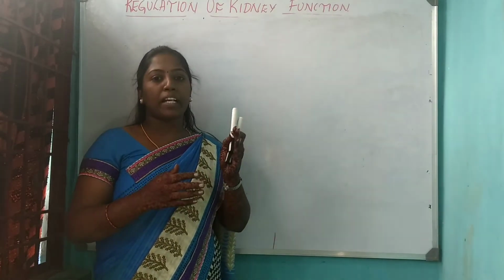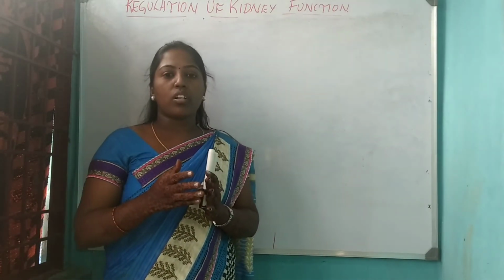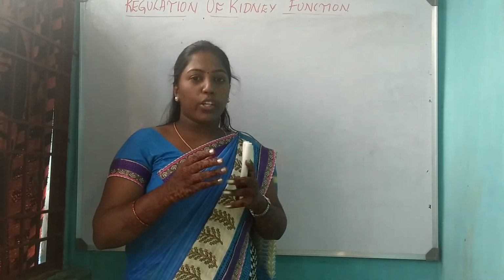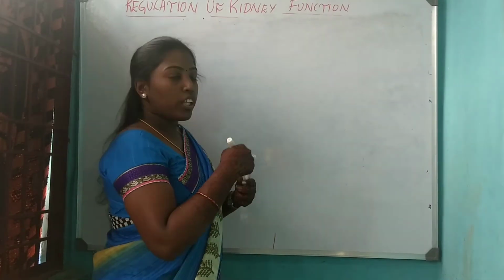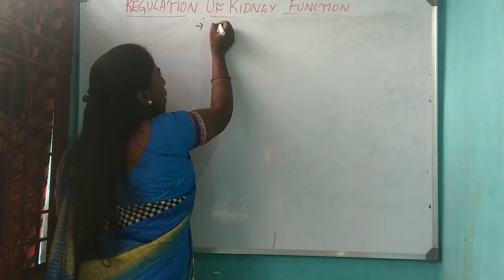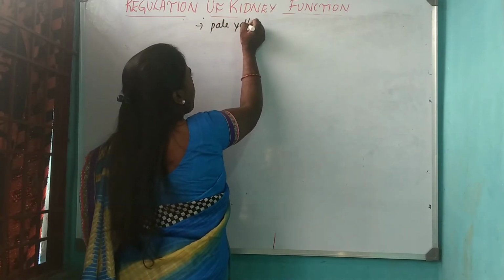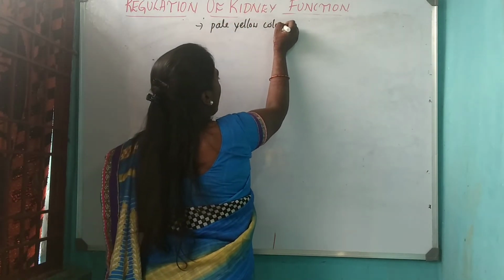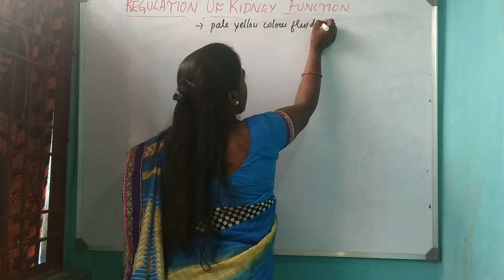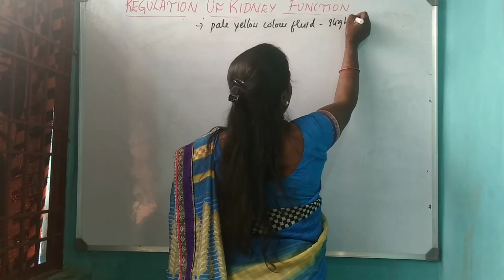Next one is composition of urine. As we know that the blood has been filtered, finally we'll get the concentrated fluid called urine. Let us define urine. It is a pale yellow colored fluid which is slightly acidic.